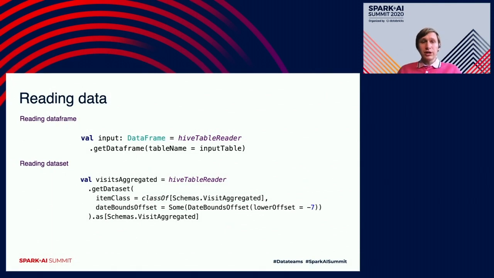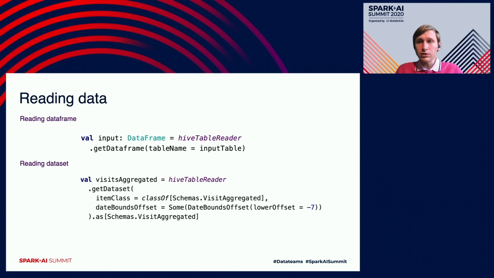When you read your data, you again can read either in the data frame friendly API, where you're getting just your data by name and you need to pass information about your table name, or you're reading in a dataset where you're passing the name of your case class and some information about adjustments to filtering out DS from your input table.